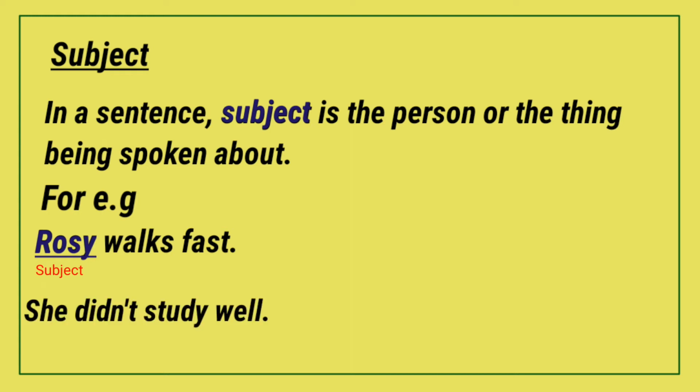She didn't study well. She is the subject as we are talking about her. So we conclude that subject is the element that is doing the action in a sentence. They are usually nouns or pronouns found at the beginning of a sentence.